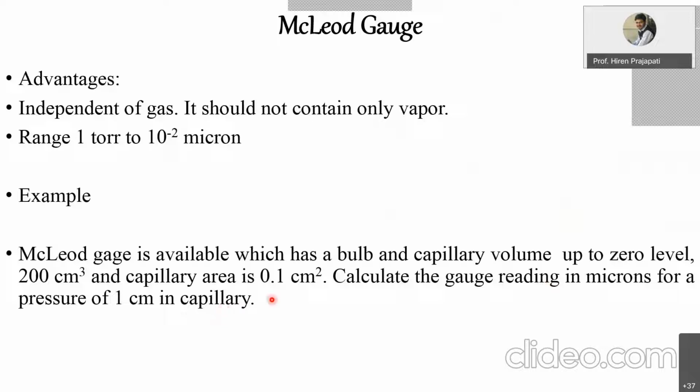So if you try to understand this data, this 200 centimeter cube is V0. Small a, capillary area, is 0.1, and H, the value of H in measuring capillary, is 1 centimeter.